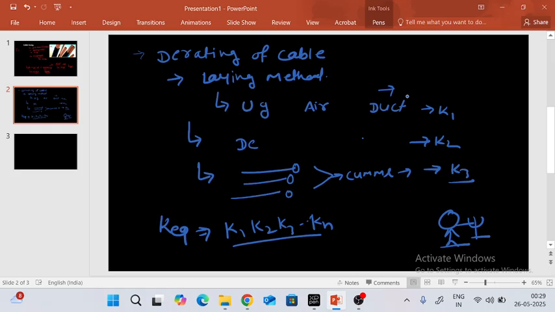Only in one particular condition can the ampacity be increased: where the arrangement or physical environment supports more cooling of the cable than the heat produced by the cable. This is the fundamental thing that happens with the ampacity.